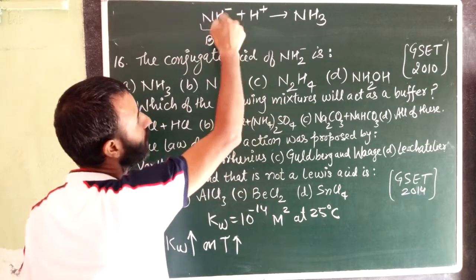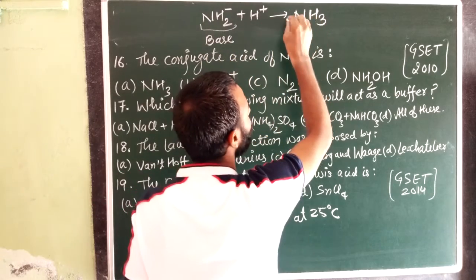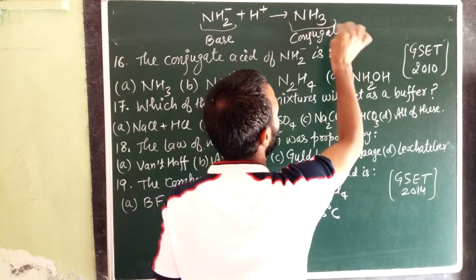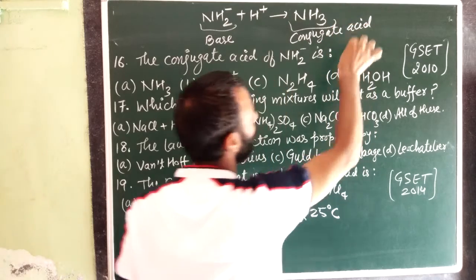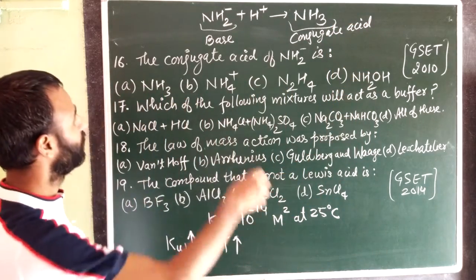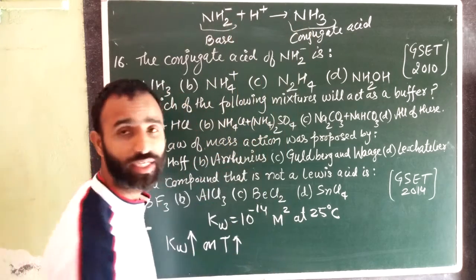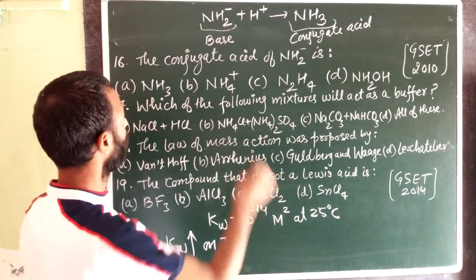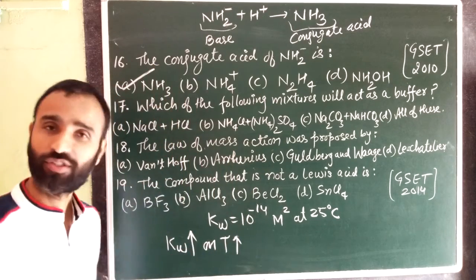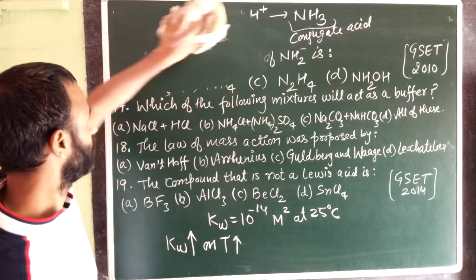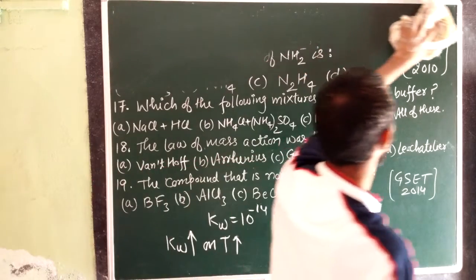After accepting H plus ion, what is formed? That is the conjugate acid of NH2 negative. That's it. And this NH2 negative and NH3 are a conjugate acid base pair. So ammonia is the right answer. Right? Okay. Very simple questions from the equilibrium chapter.